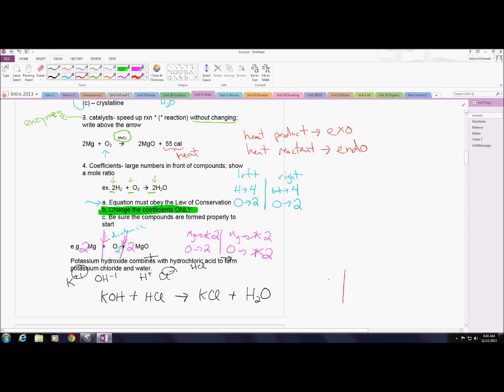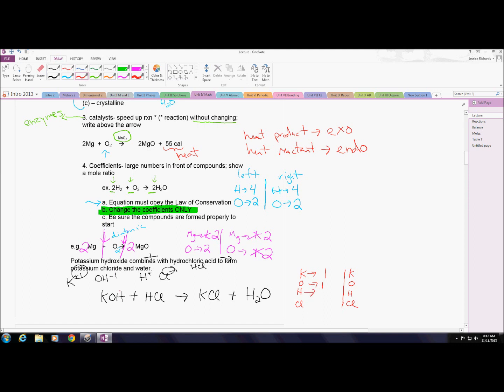So again, I would make a chart with what's on the left and the right. We have potassium, we have oxygen, we have hydrogen, and we have chlorine. On the right side, I know they don't show up in that same order, but I'm going to write them down in the same order anyways so that I can match them up easier. So right now on the left, I have one piece of potassium, one piece of oxygen.